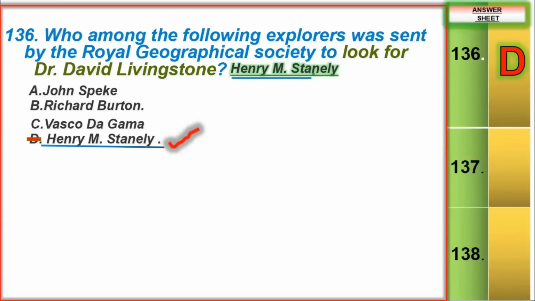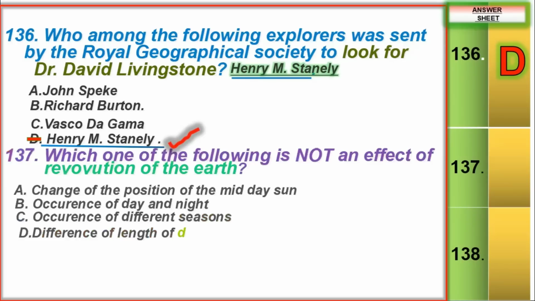Question 137. Which one of the following is not an effect of revolution of the Earth? Remember, revolution is when the Earth moves round the sun on its own orbit.